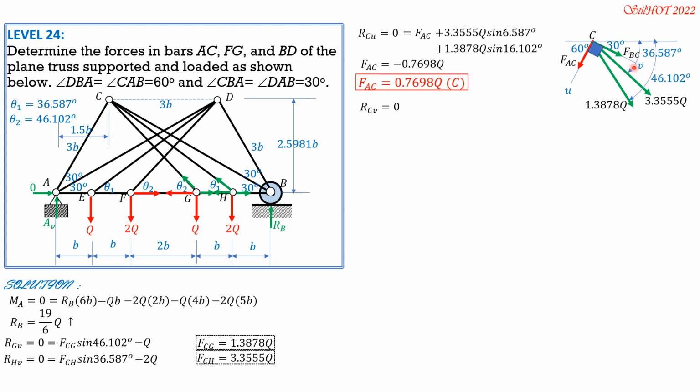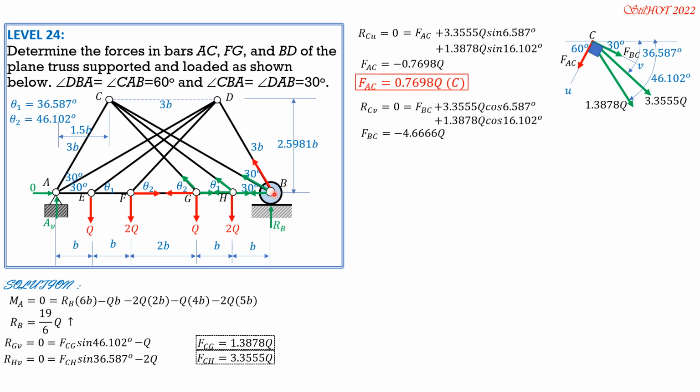So take note that FBC has no component along U in the same manner that FAC has no component along V. So it is equal to FBC plus 3.355Q cosine of 6.587, this angle here, then plus 1.3878Q cosine of 16.102, the angle that this force makes with the V-axis is 16.102, and it is cosine. So FBC is negative 4.6666Q.